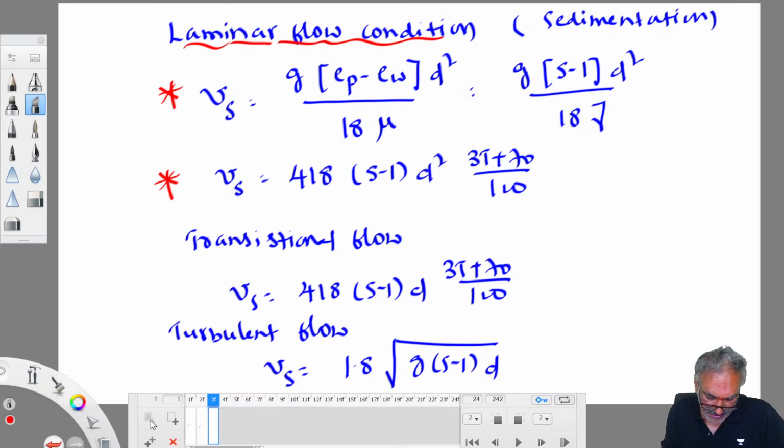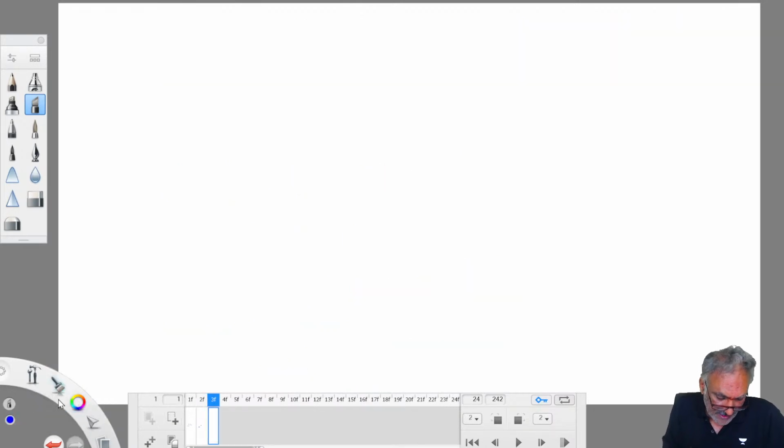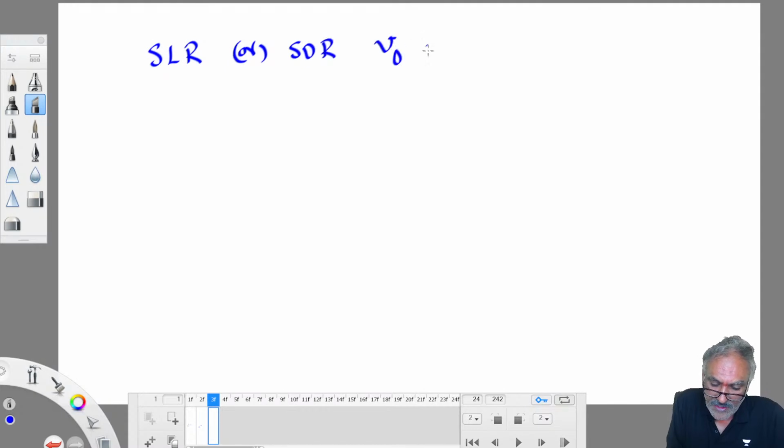Then, in addition to that, we have discussed the design concepts of sedimentation tanks. One is the surface loading rate or surface overflow rate denoted by V0, which is equal to Q by the surface area of the sedimentation tank. Using the surface loading rate, we can find the surface area of the sedimentation tank.